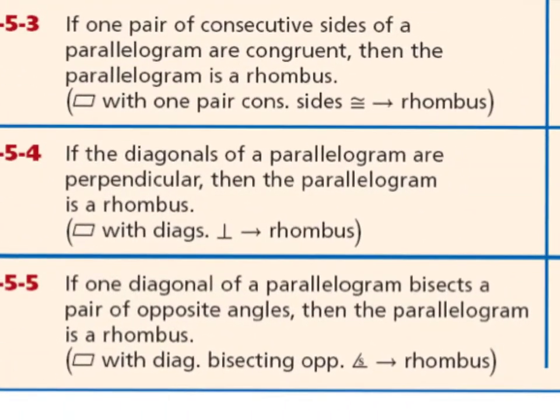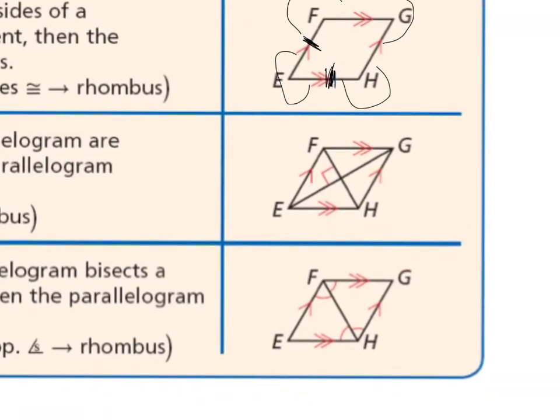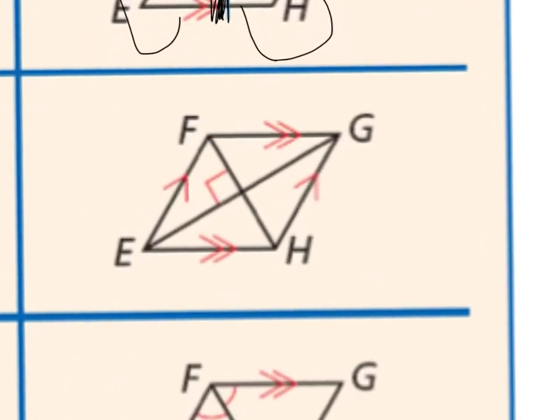Second one. If the diagonals of a parallelogram are perpendicular, then the parallelogram is a rhombus. So if you have a parallelogram and the diagonals make a 90-degree angle, then you have a rhombus. So all of these angles would end up being 90 degrees.